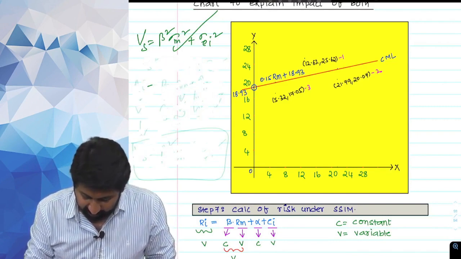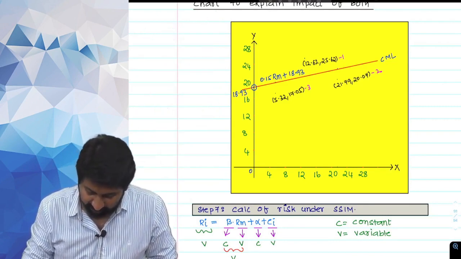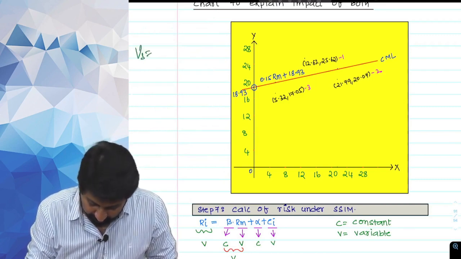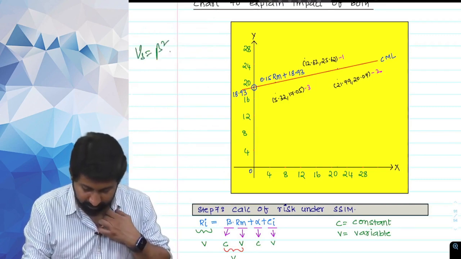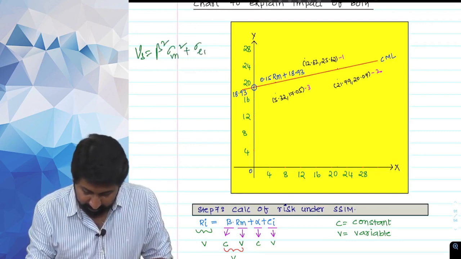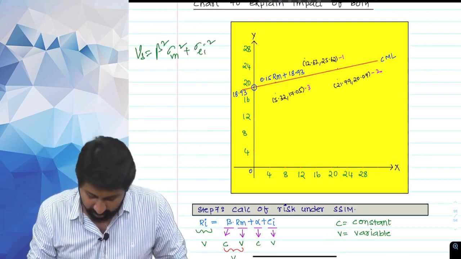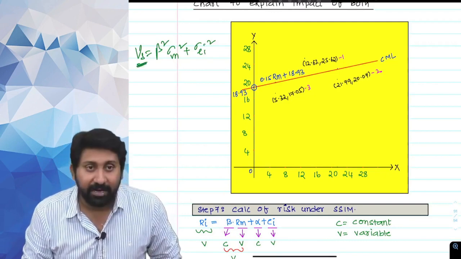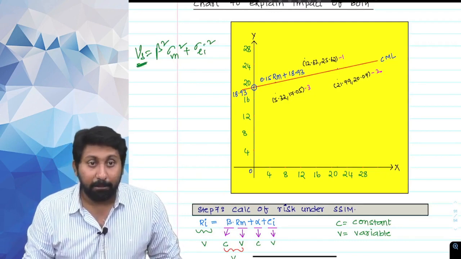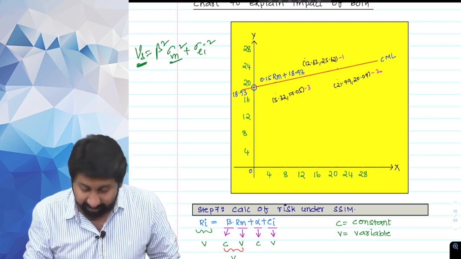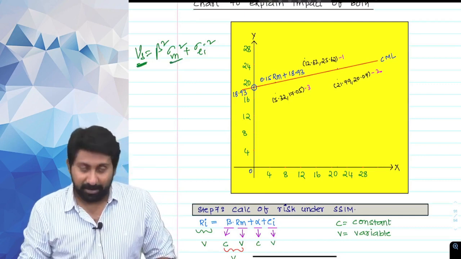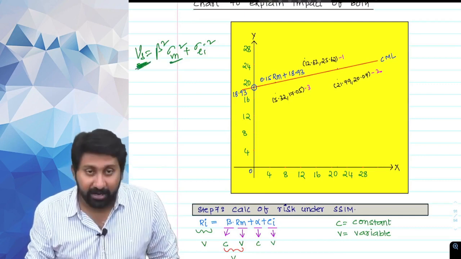Analysis also I will give. See here. Tell me what is the formula? Variance equals beta square sigma m square plus sigma EI square. Why will security return vary?